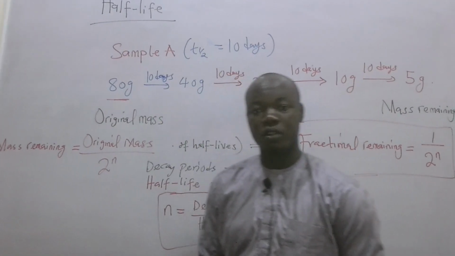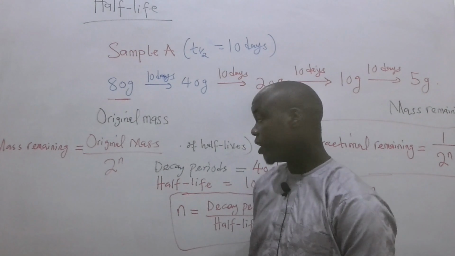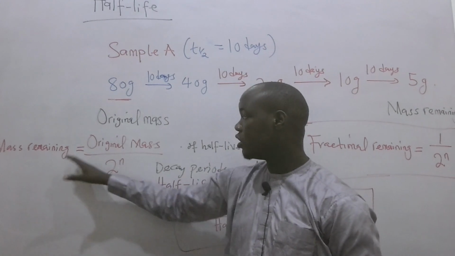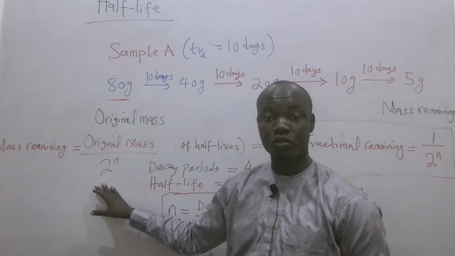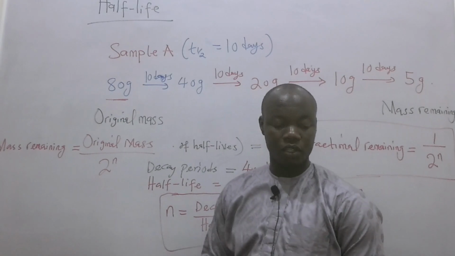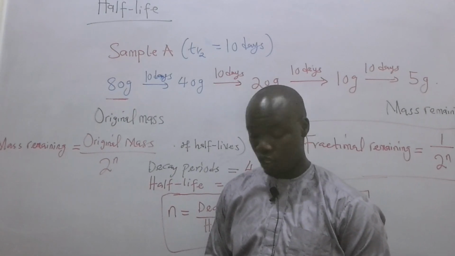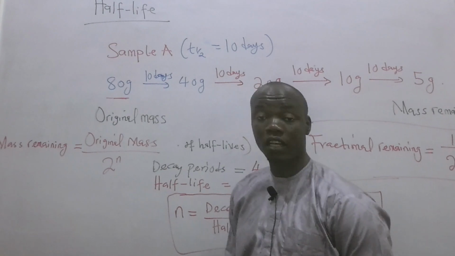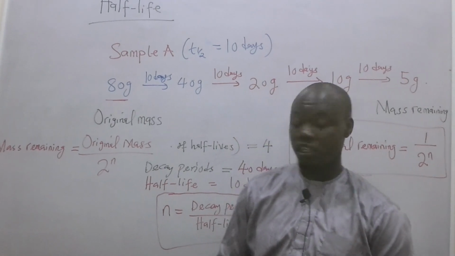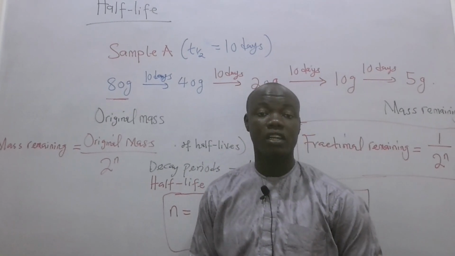So this is also another formula for calculating mass remaining. This formula is also very, very important in the calculation of half-lives. Then we also have another formula.